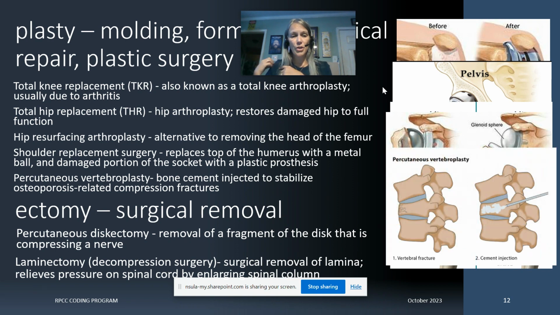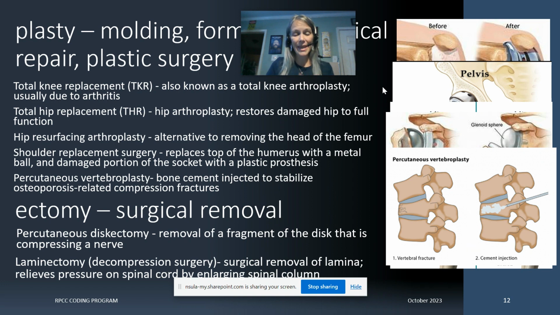Your percutaneous vertebroplasty, when they have bone cement injected in to stabilize osteoporosis related compression fractures.